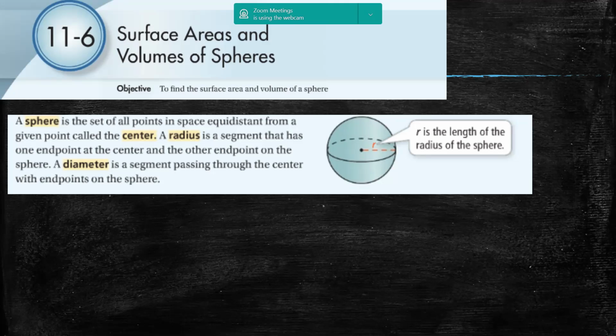The radius is a segment that has one endpoint on the center and the other endpoint on the sphere. A diameter is a line segment passing through the center that connects two endpoints on the sphere. It's like the circle, but the circle is a two-dimensional shape and the sphere is a three-dimensional shape. So it has a radius, a center, and a diameter.